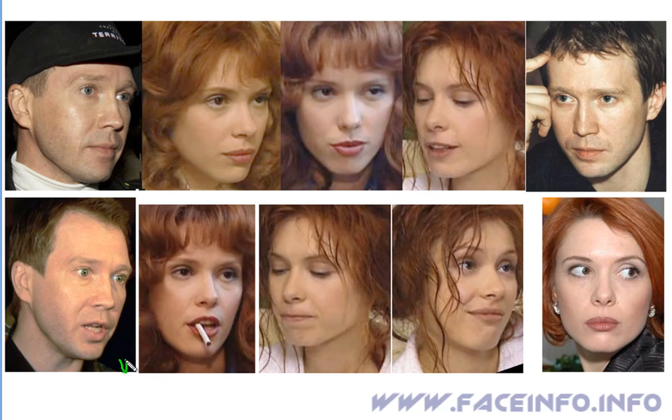So the shape of nasal bones and cartilages of Evgeny Mironov and Tatiana Kolganova is very similar. We see that the development of nasal muscles also develops the nose wings, despite that they consist mostly of fat.